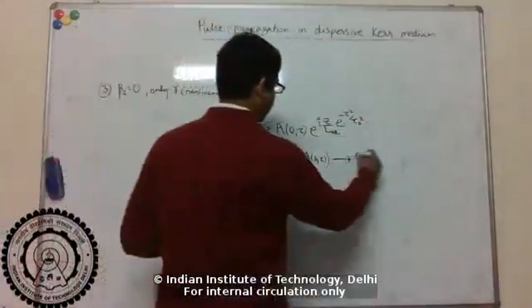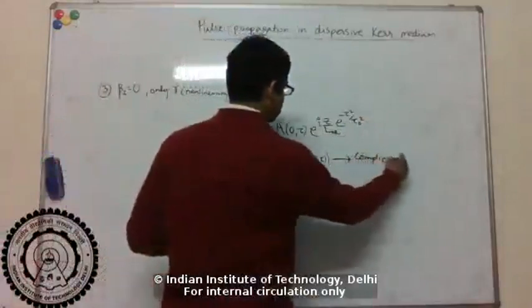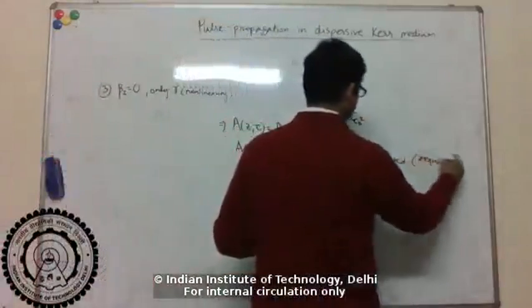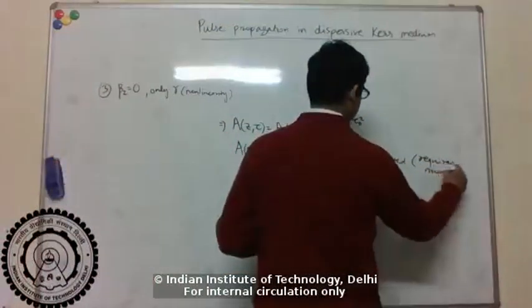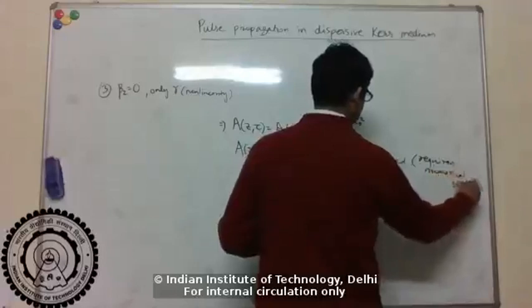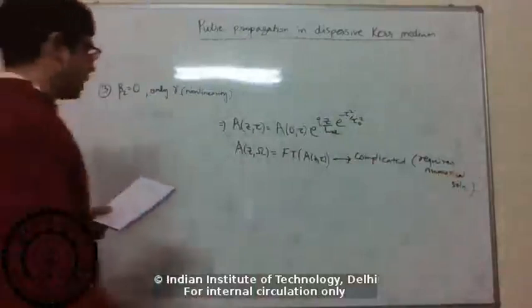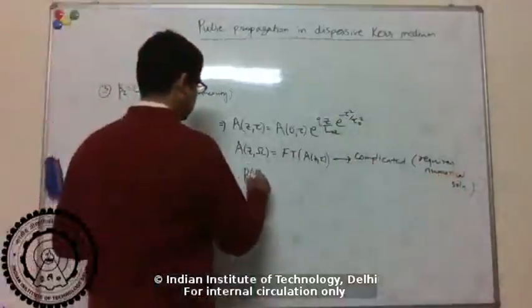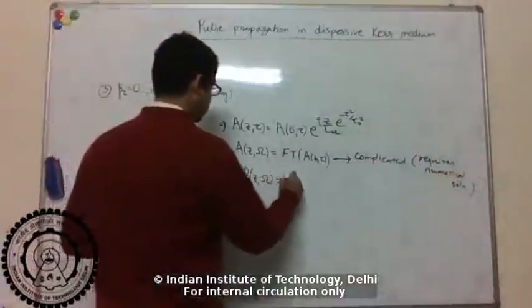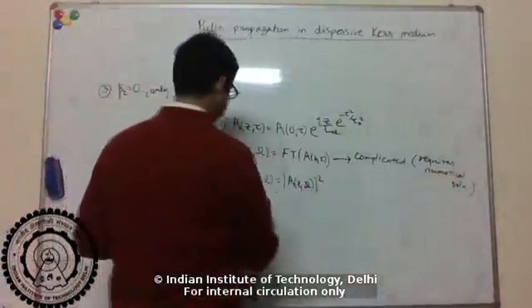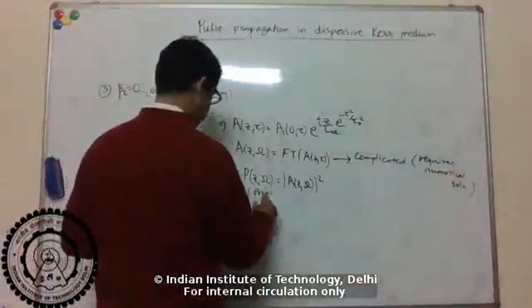So this is complicated, right? It requires a numerical solution. Can't do it analytically. And then if you take the mod square of this Fourier transform, you get the power spectrum.